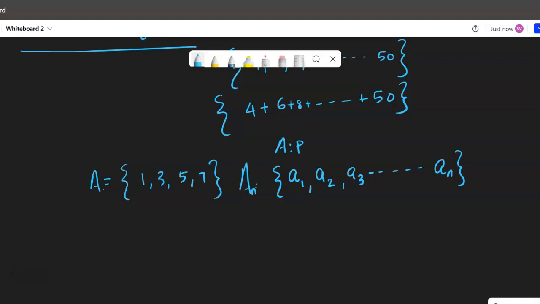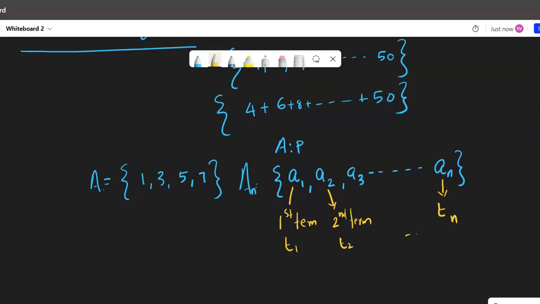If I choose to represent it differently, the terms can be T1, T2, etc., Tn.